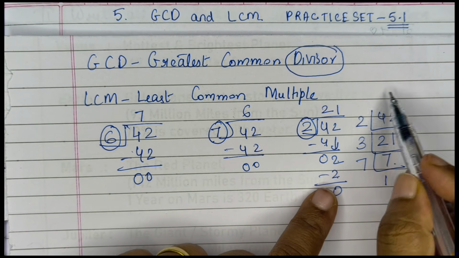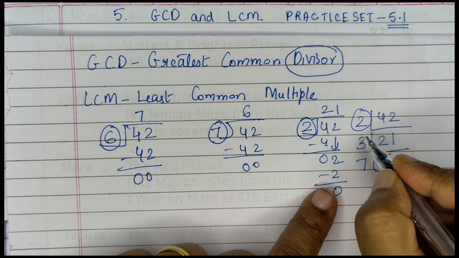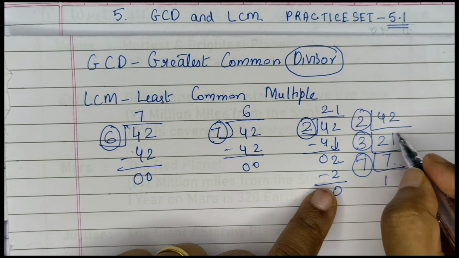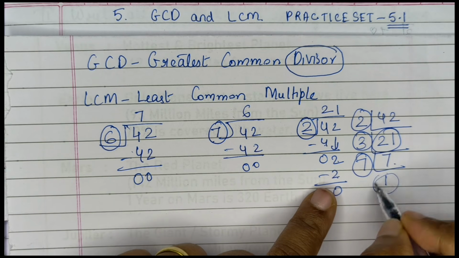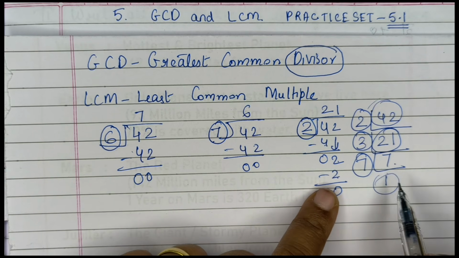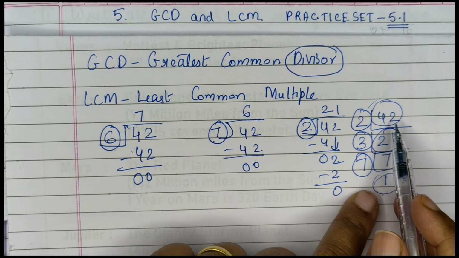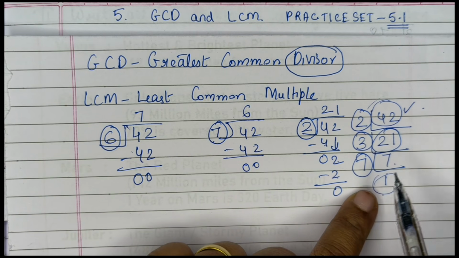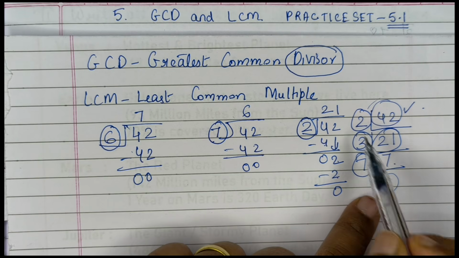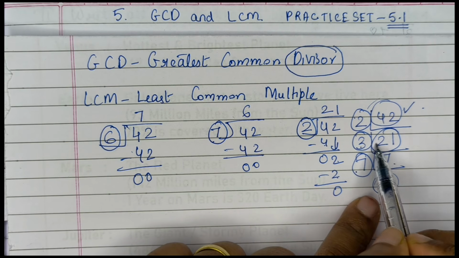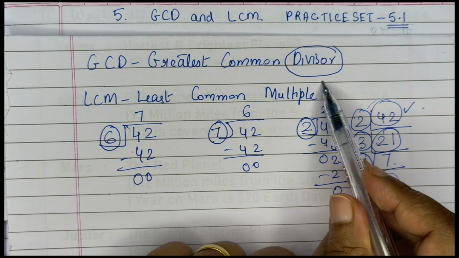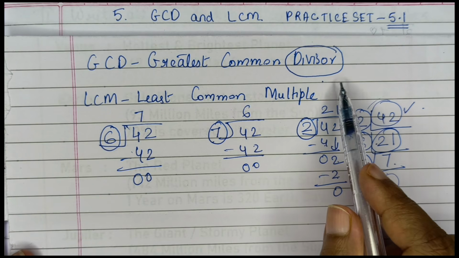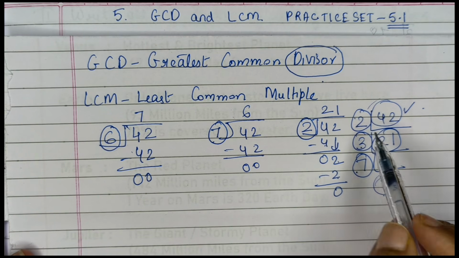So if I see here, what are the divisors? 2, 3, 7, 21 and even 1 and 42. You also have to take 1 and 42, the number itself. So all these are the divisors of 42. What are the divisors of 42? 1, 2, 3, 7, 21 and 42. Understood what is a divisor? The divisor is also called a factor. These are all the factors of 42.